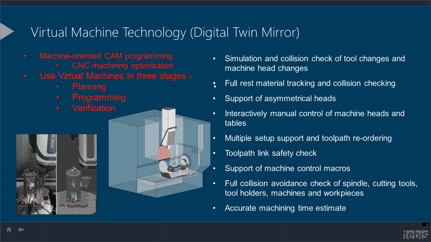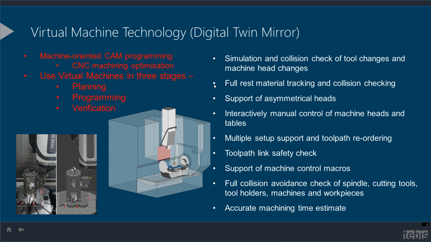And this gives a simulation for the collision check of tool changes, could be machine head changes. We have the full rest material tracking and collision checking. We support asymmetrical type heads, and you're able to interactively manually control the machine heads on these virtual machines too.